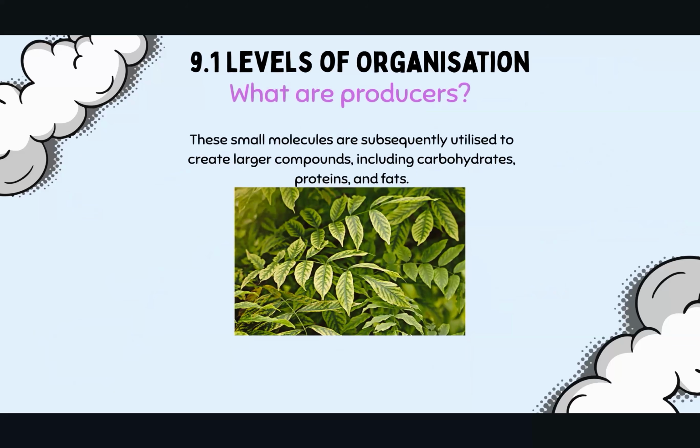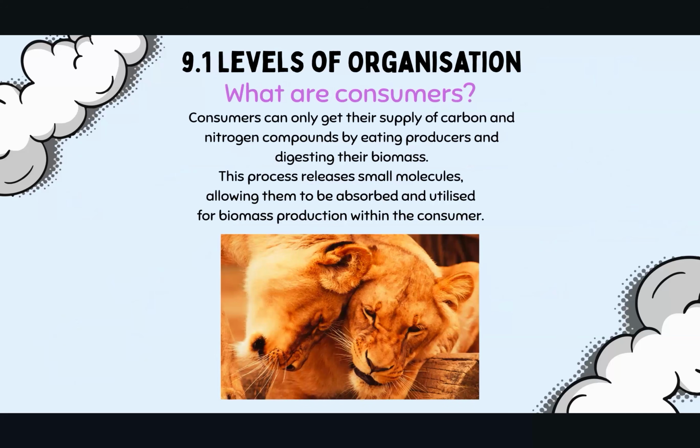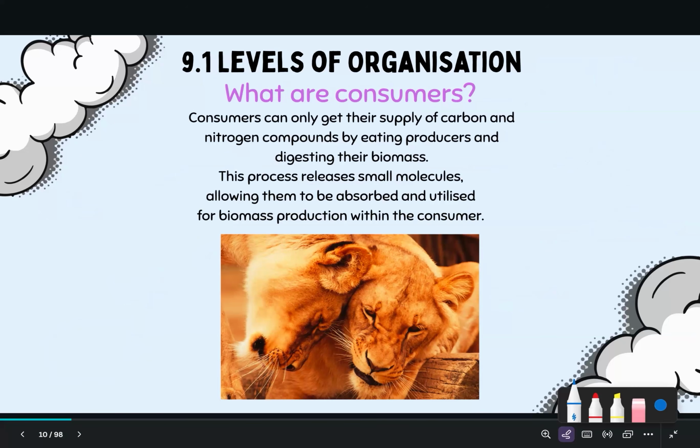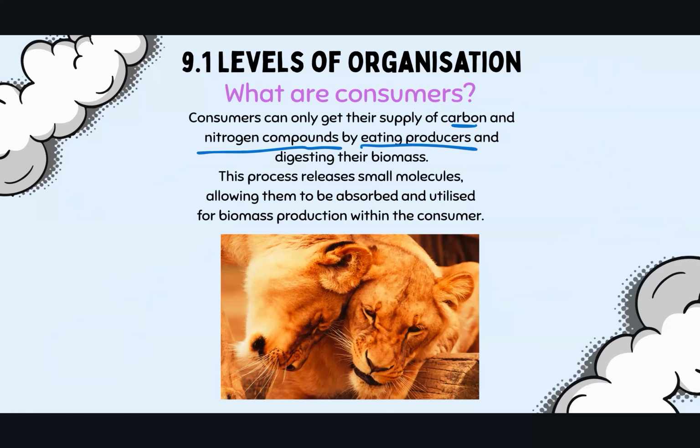So, as I've just said, these small molecules are subsequently utilized to create larger compounds, for example, carbohydrates, proteins, and fats. And what are the consumers? Consumers can only get their supply of carbon and nitrogen compounds by eating producers and digesting their biomass.